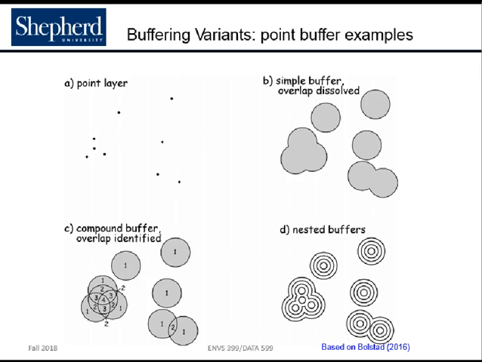Nested or multi-ring buffering is another common buffering variant, and we see that in Figure D. We may require buffers at multiple distances. In a hazardous waste site example, we can suppose that threshold levels have been established with various actions required for each threshold distance.